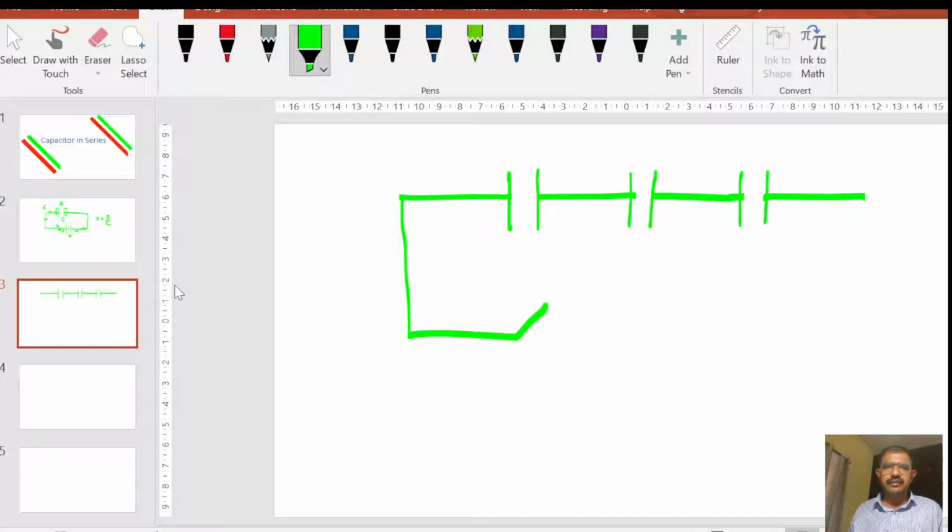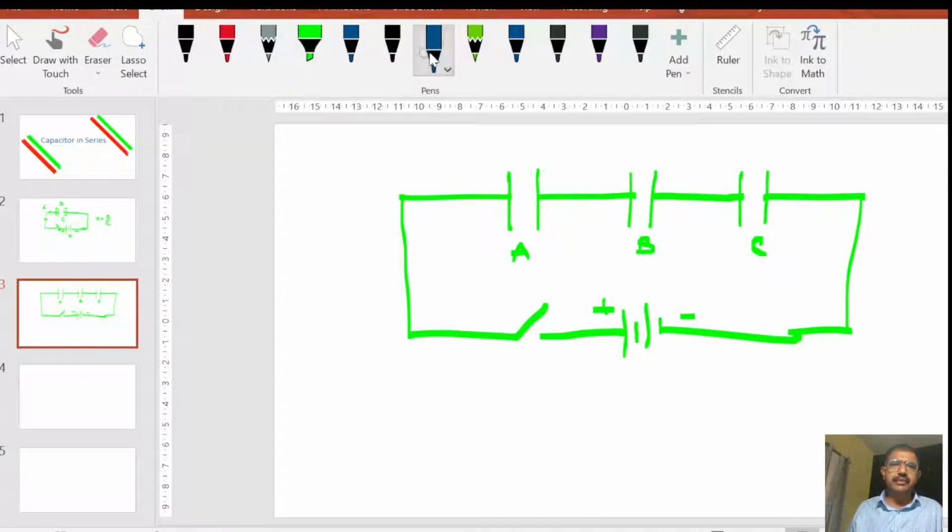I have connected one switch, then one battery. This is the positive terminal of the battery and this is the negative terminal. Initially there is no charge on these capacitors.